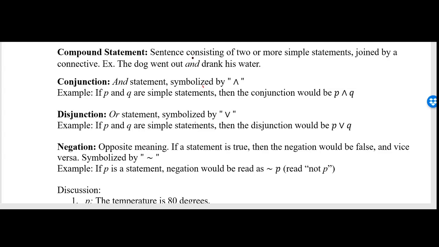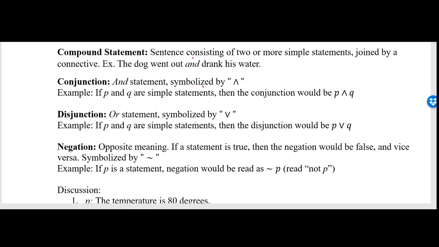When we're working with a compound statement, each single statement would be given a letter, such as P, Q, and then we keep going, R, S. And what we're going to do in this chapter is turn all of these sentences into symbols.